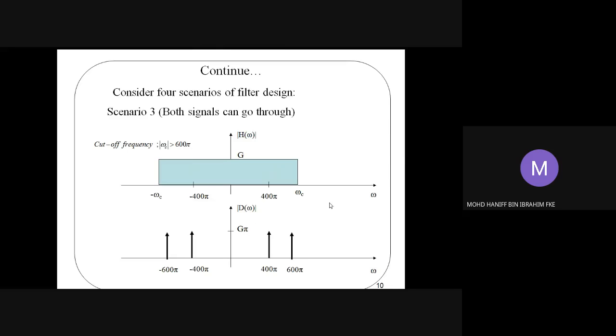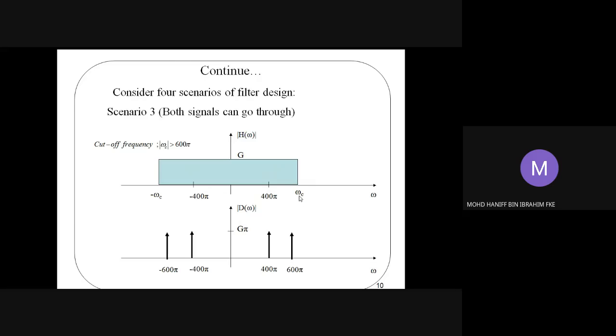The third scenario is when we consider that both signals can pass through the filter. In this case, your frequency response H omega should look like this, but the difference is that your cutoff frequency omega c is now bigger than 600 pi.